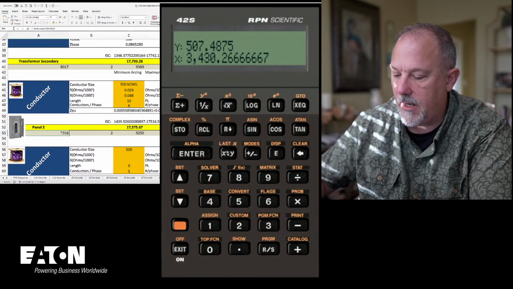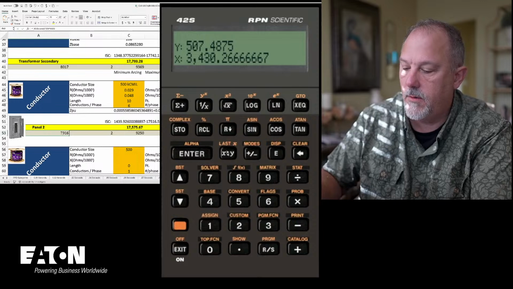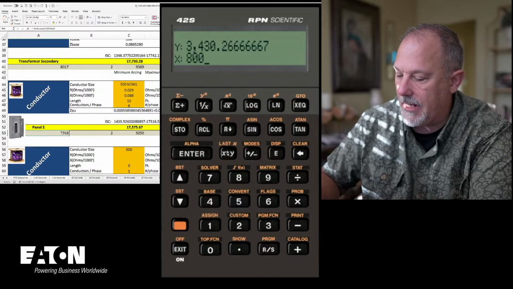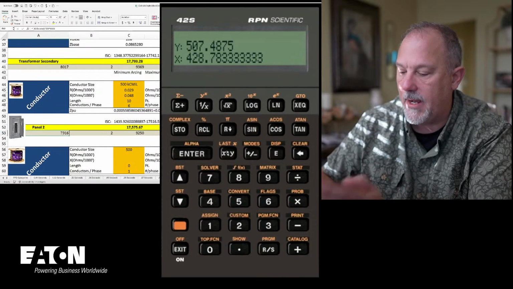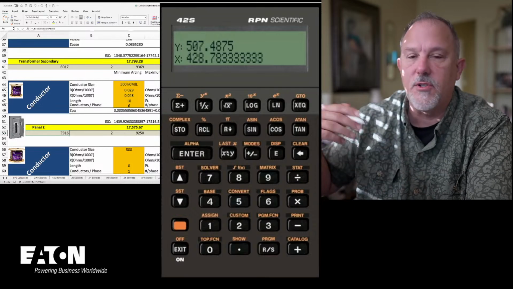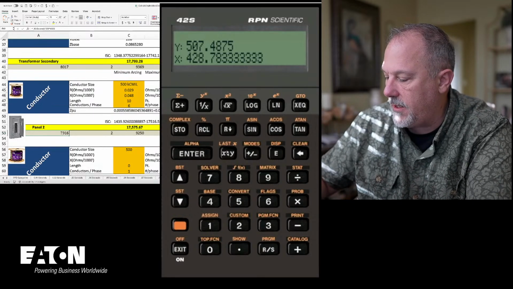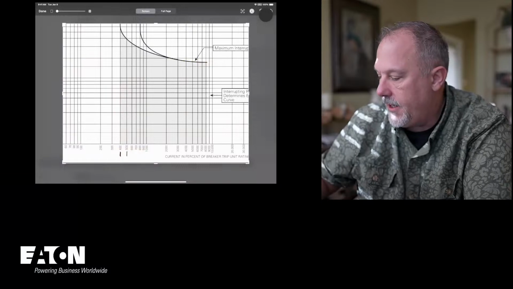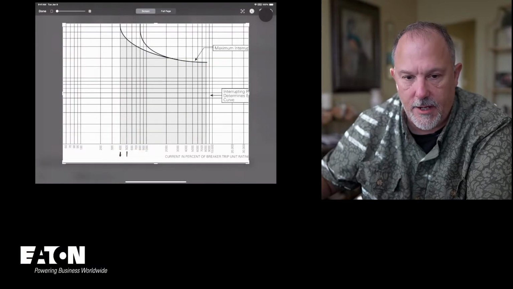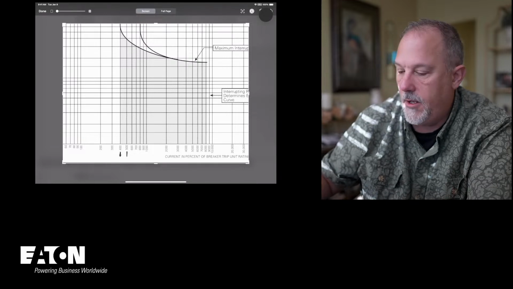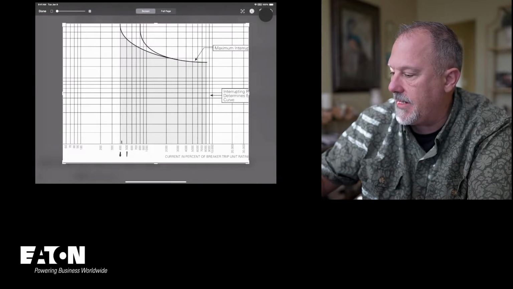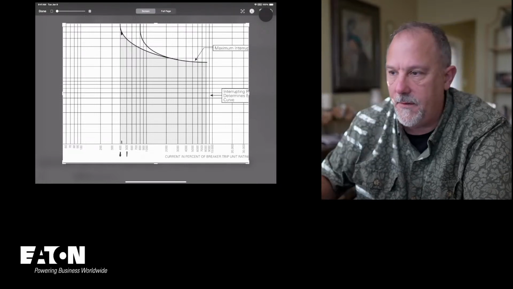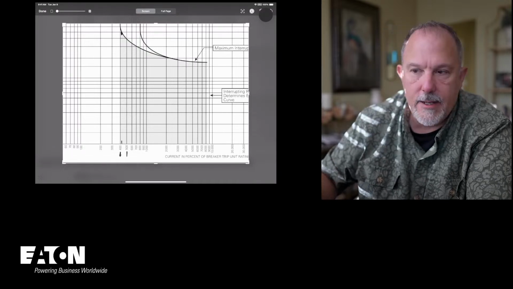Then I divide that by 800, multiply by 100. That's 100%. So that's 428%. There's 400%, there's 500%. Here is 400%, here is 500% on the trip curve. And I'm at 428%, so I'm probably down in here somewhere. That means that I am in that 2-second range.